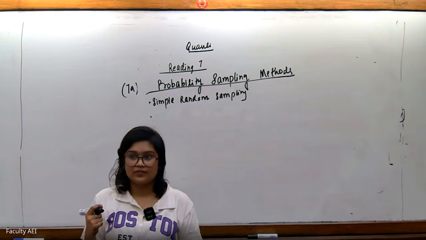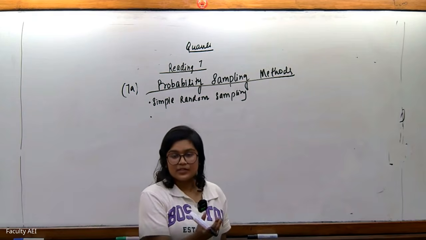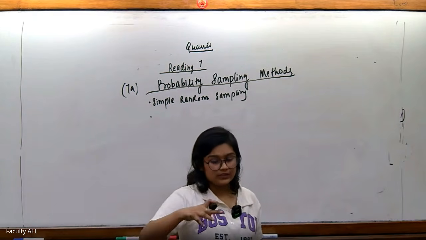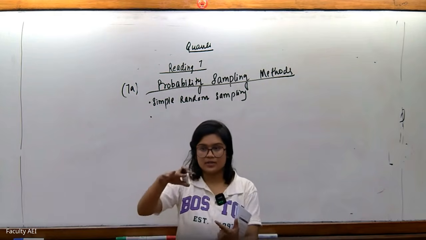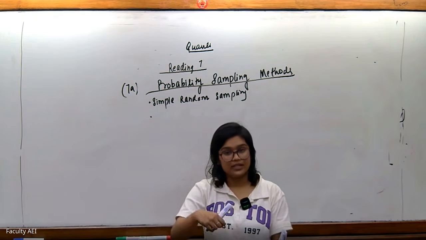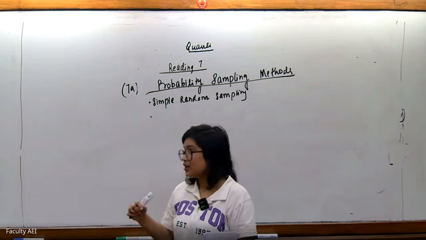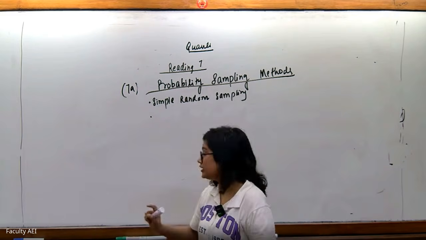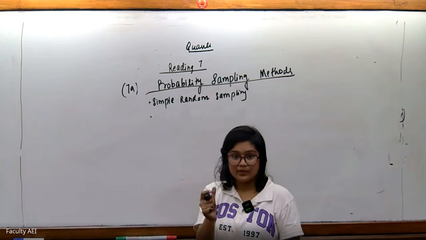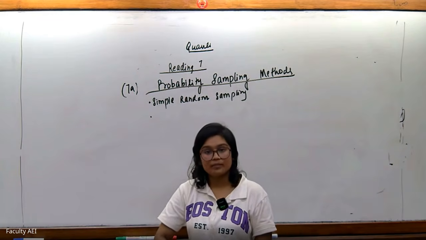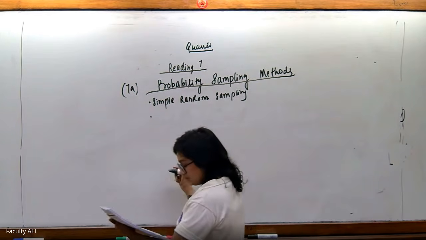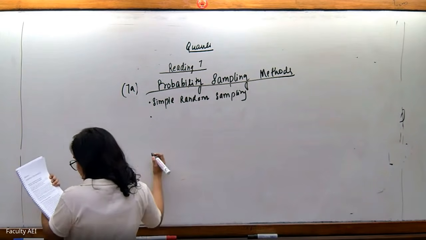If you have, let's say, 10 apples and you want to pick out 5 apples from them, and those 10 apples are covered in some box, and you're just randomly picking out 5 apples. So you are not prioritizing any apple over another apple. Each value has equal chance of coming up in your sample. This is simple random sampling.